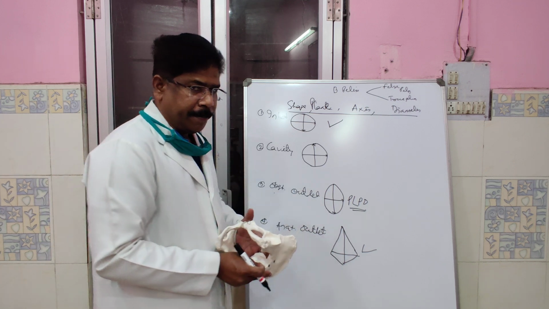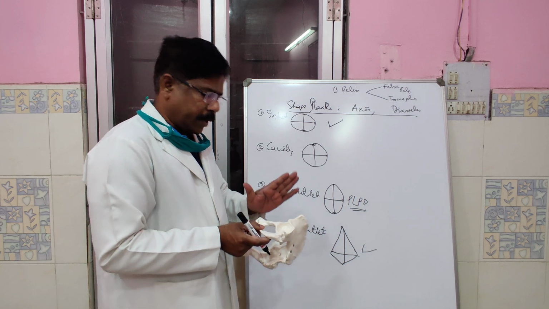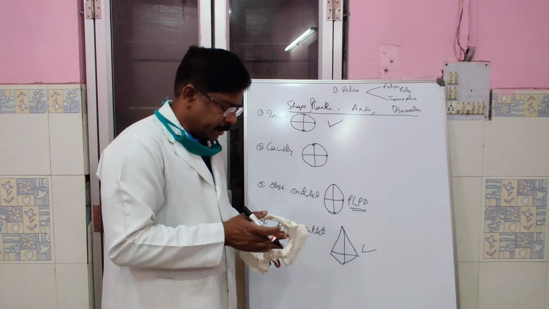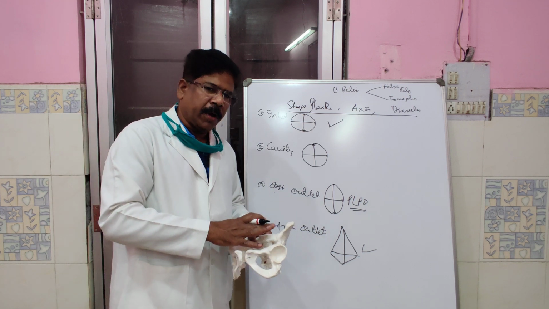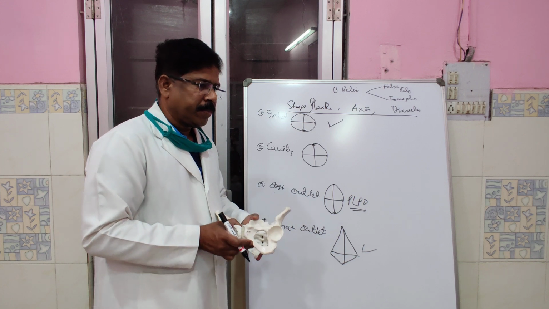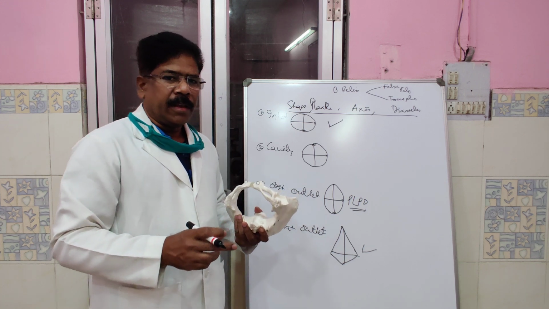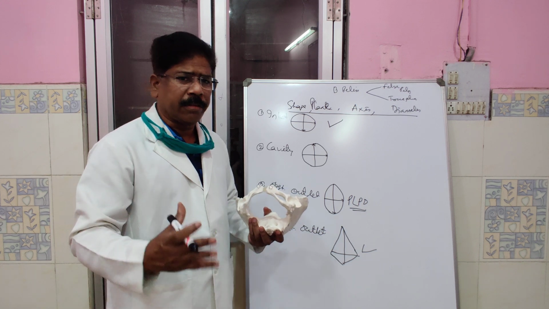So, what is the cavity? The cavity is a segment of the pelvis which is bounded above by the inlet and below by the plane of least pelvic dimension. In between the inlet and the plane of least pelvic dimension, there lies one plane which is extra to the other things.